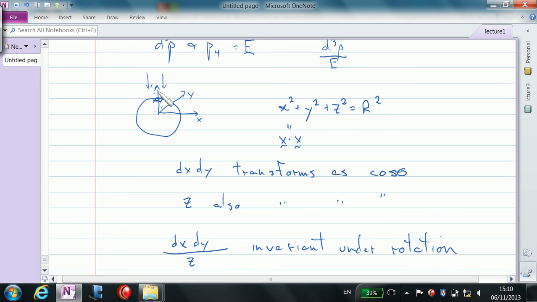The area is constrained to be within the hypersurface, and the perpendicular element is the z vector, which is perpendicular to the surface. If I rotated it over here, it would be this vector that's perpendicular to the surface, and this would be z prime. But z prime is z times cosine theta, so that's why you say z. Because if I said dz, I would have to specify that I meant the dz perpendicular rather than parallel.